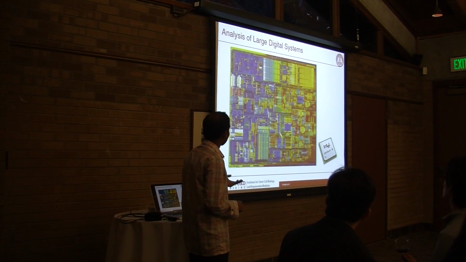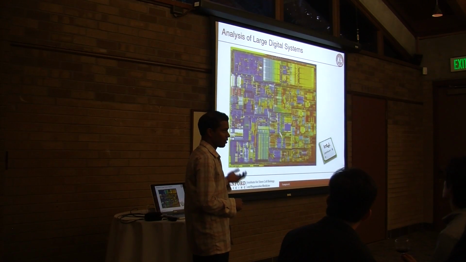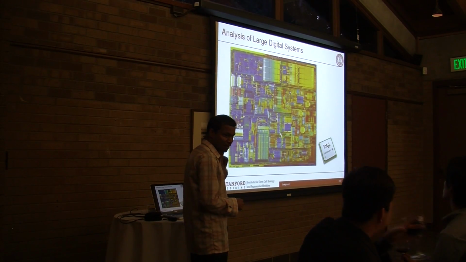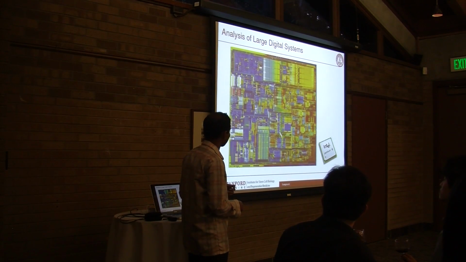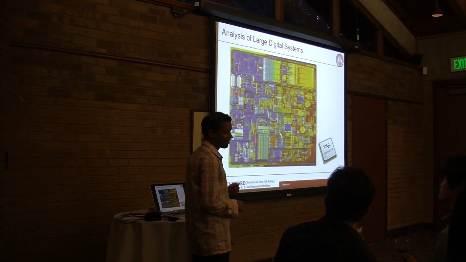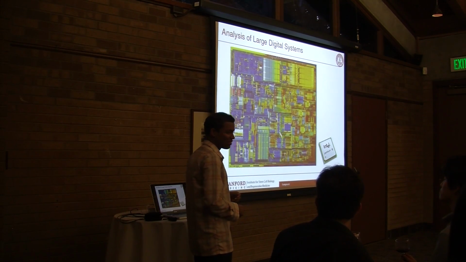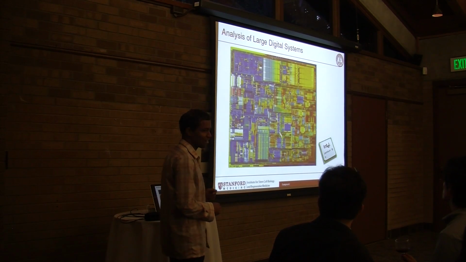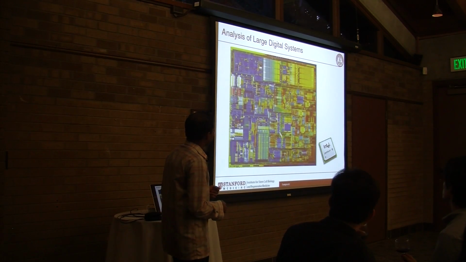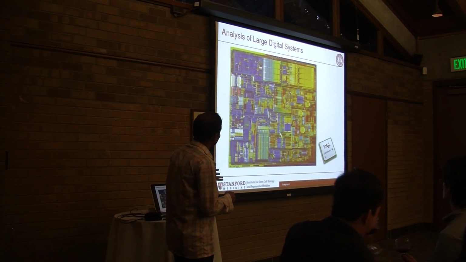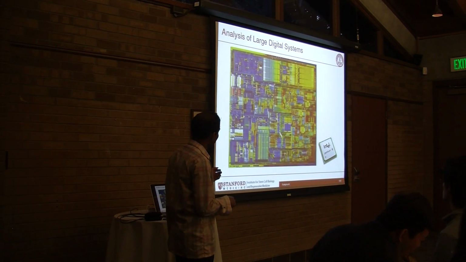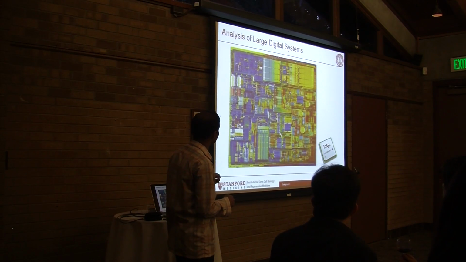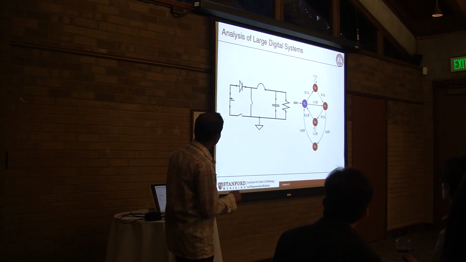This is an example of a large digital system. This is what I used to work with. As Elliot mentioned, the error rate here is 1 in a billion, similar to what we encounter in biology in DNA replication. So here I was working in this model checking of digital systems. In very simple terms, what you have is this circuit, right?